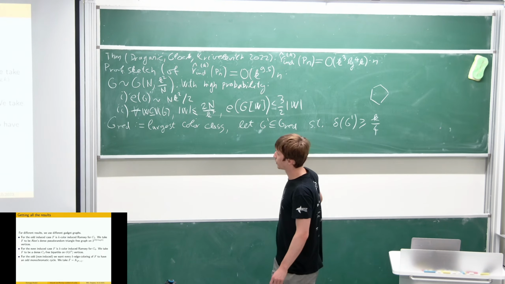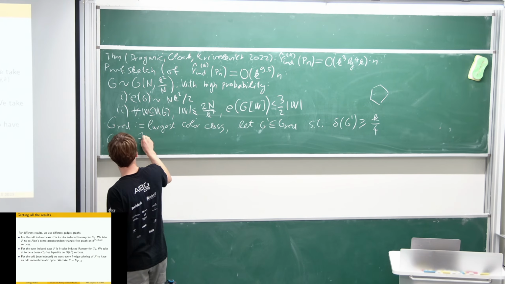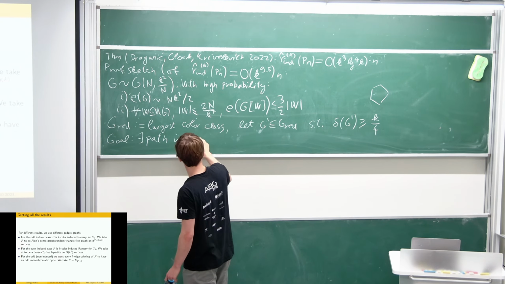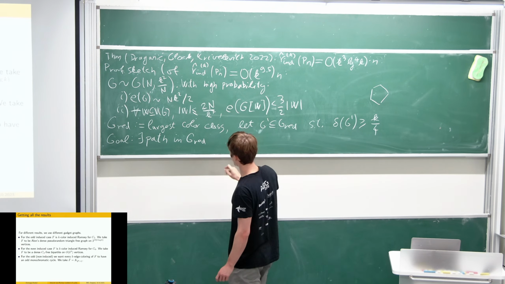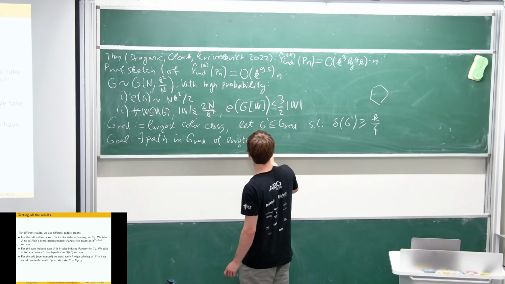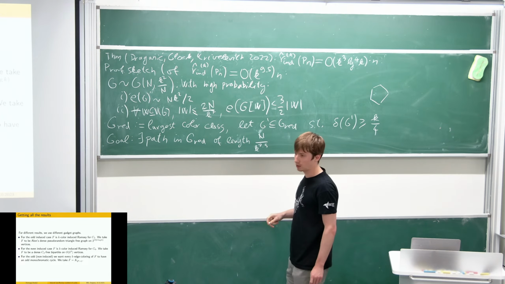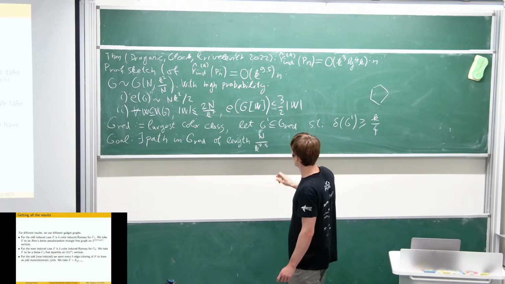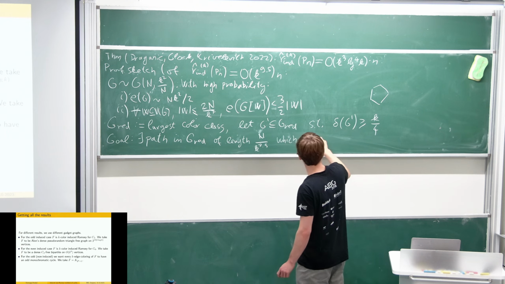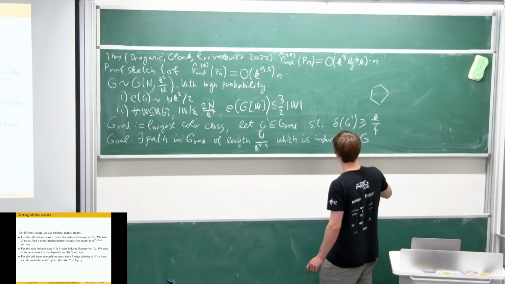Okay, now what I want to show is there exists a path in this red subgraph of length n over k to the 7.5 which is an induced subgraph in the original graph.